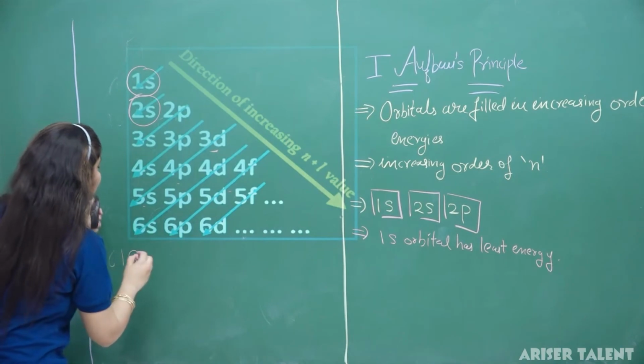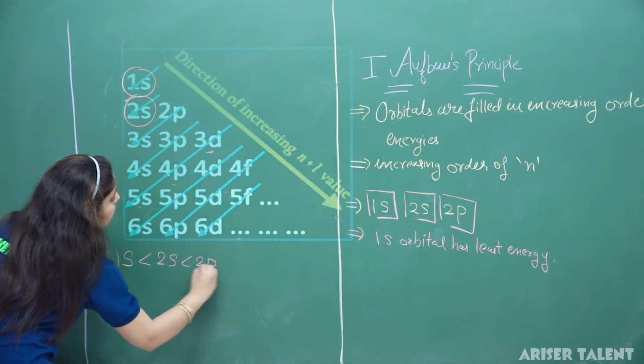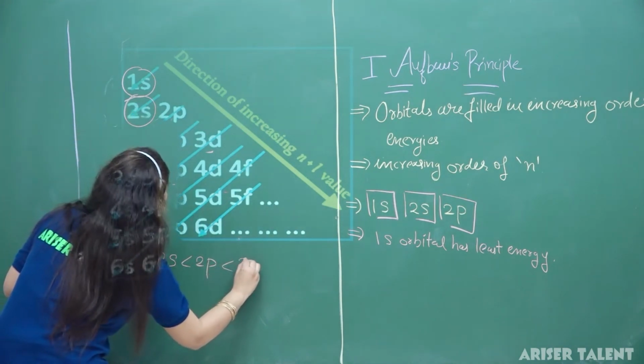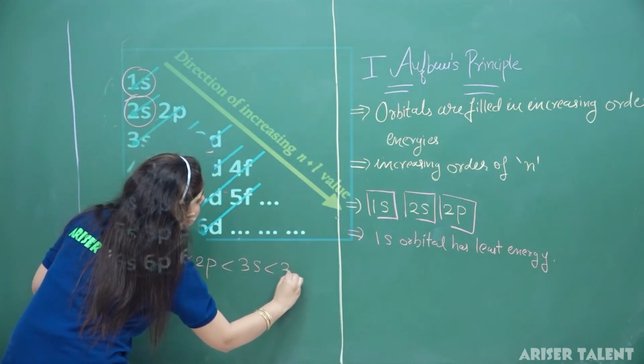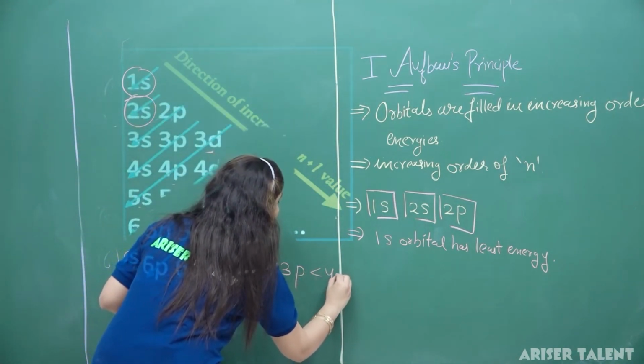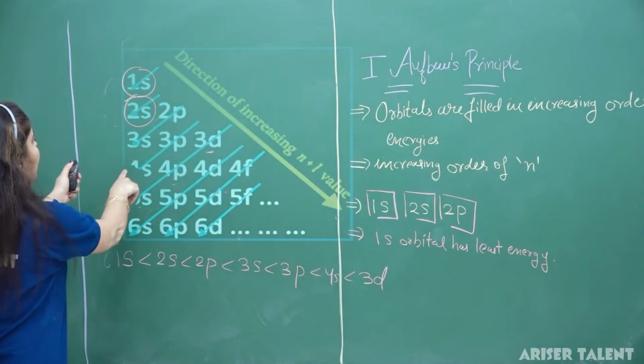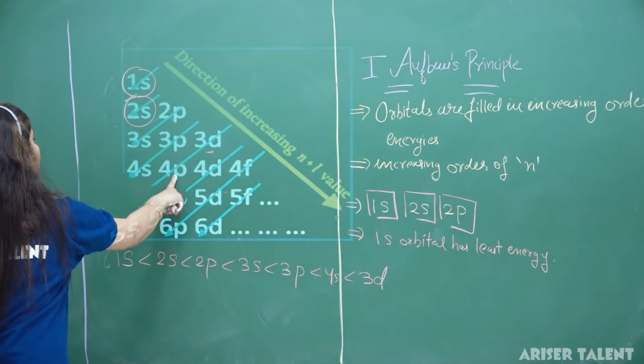The sequence for the increasing order of energies will be: 1s having the least energy, then 2s, 2p, 3s, 3p, 4s, 3d. After 4s and 3d we have 4p, 5s.